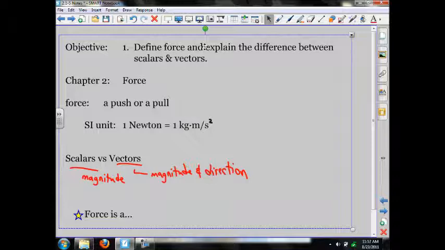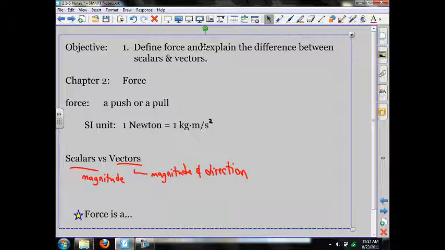Mass, kilograms, and you wouldn't say that something has a mass of 2 kilograms east.